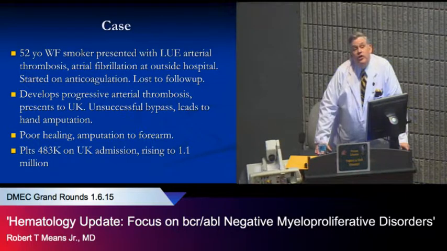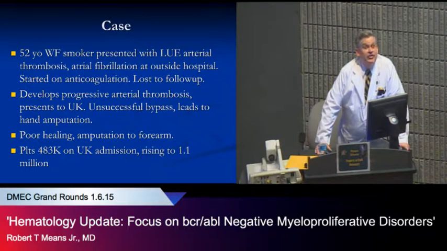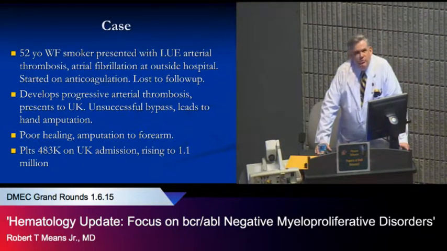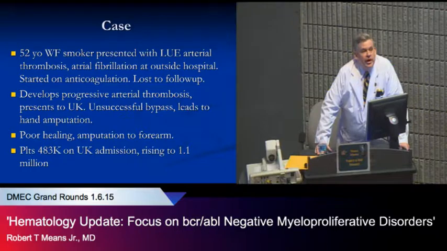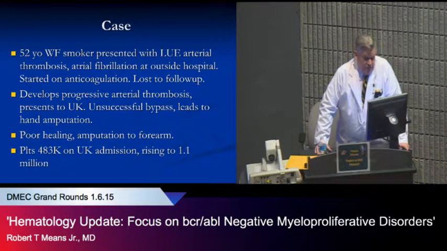She had been started on anticoagulation and then vanished from follow-up. Sometime later, several months I believe, she developed progressive arterial thrombosis, showed up in the UK emergency room, had an unsuccessful bypass, and wound up having her left hand amputated. She had poor healing, and then she had an amputation to the forearm.